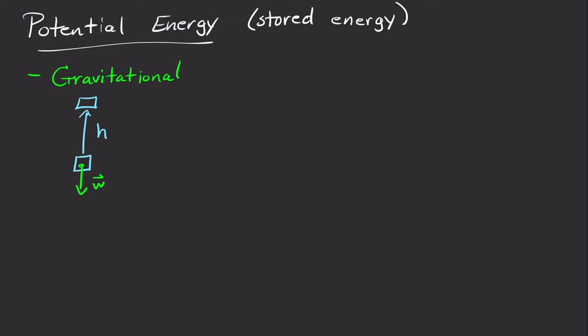So the work done by gravity in this case is the force times the displacement, and they're in opposite directions, so it's going to be minus mg for the weight times the height. This says the work removed energy from the system because it's negative, and that amount of energy is equal to mgh.